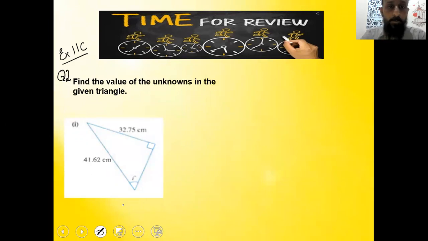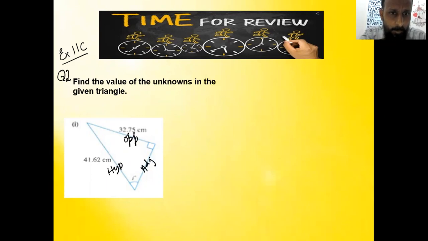This is question number 2. The first important thing, you need to name the sides. In front of angle I, it's opposite. In front of 90 degrees, it's hypotenuse, and the remaining side is adjacent. So we need to look for the relation between opposite and hypotenuse.